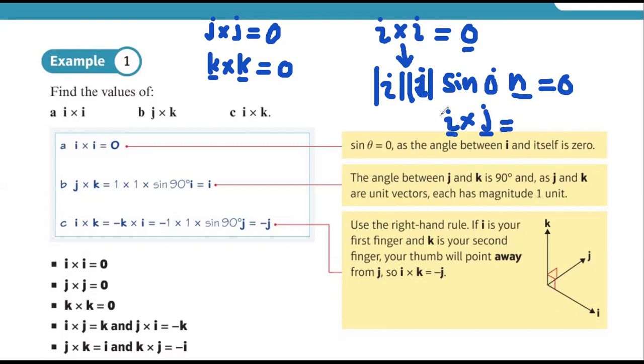First vector you can denote from the first vector, then the second vector. Then you can find what the vector n is. Then vector n is k.